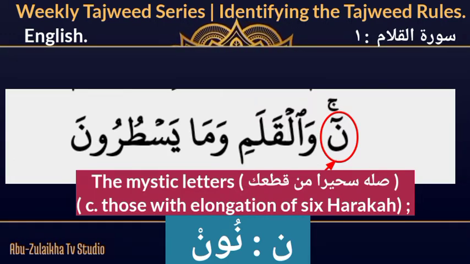And we have the three letters: noon, waw madd, then noon. Then the second option is the second letter should be one of the letters of elongation, which here is waw madd, right? Then the last option says that the last letter should have sukoon, right? And as you can see here, the last letter in the name noon has sukoon, right?